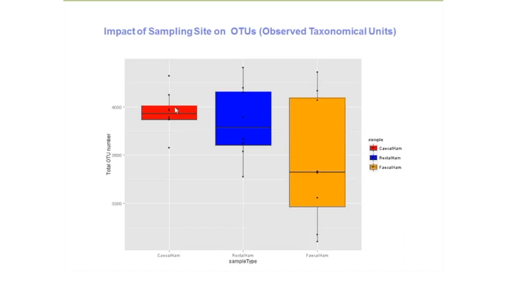And as you could see in here, these are the number of the total taxonomical groups that were recovered from the cecal samples. The number increases as you analyze rectal sample, and it explodes as you look at fecal sample.